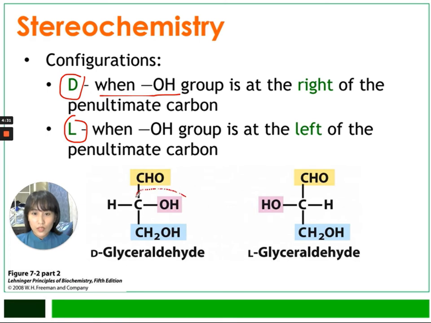We can see here that the hydroxyl group is at the right side of the penultimate carbon, so we will call it D-glyceraldehyde. On the other hand, when an OH group is at the left of the penultimate carbon, we will call it L-glyceraldehyde. So that is the difference between the configurations of D and L.